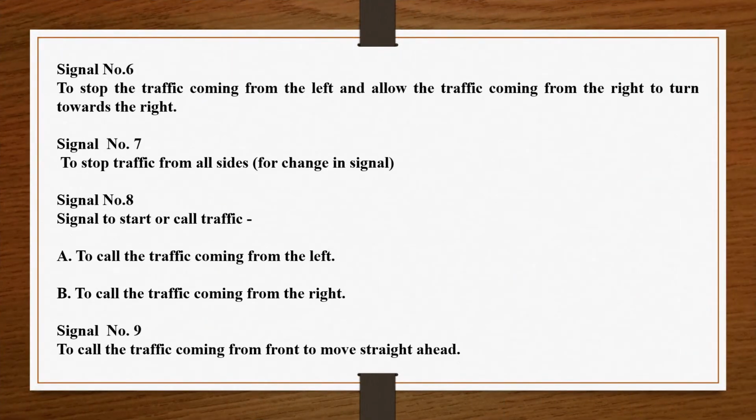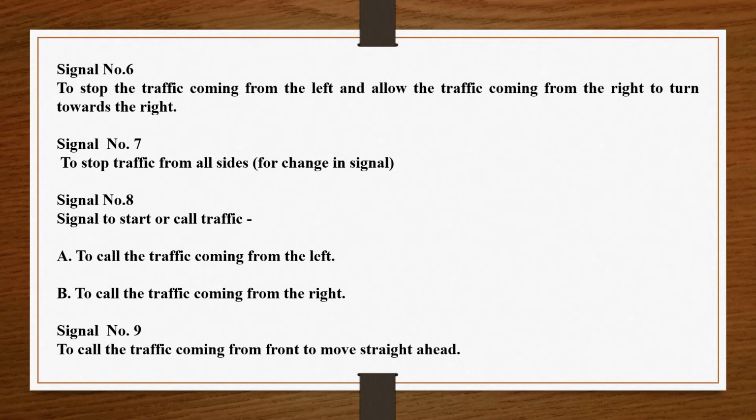Signal number 6, to stop the traffic coming from the left and allow the traffic coming from the right to turn towards the right. Signal number 7, to stop traffic from all sides, that is for change in signal. Signal number 8, in this signal there are two types.